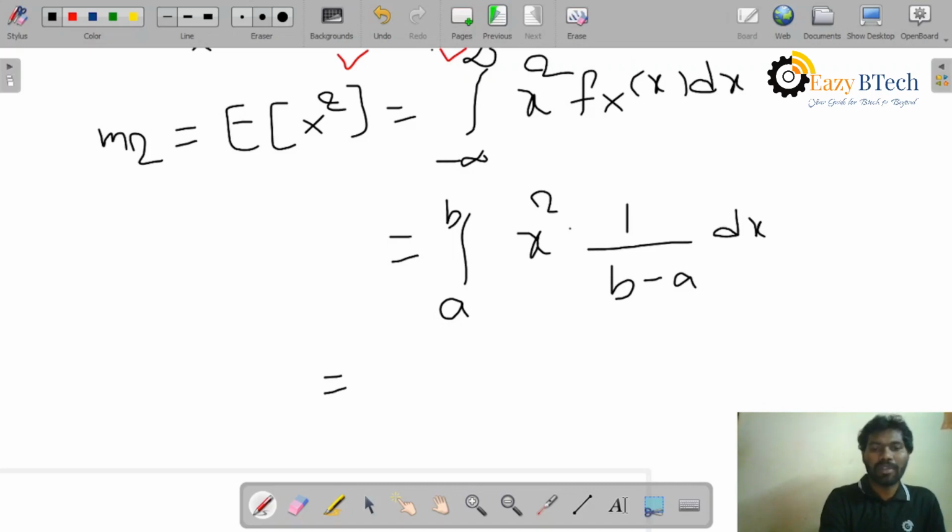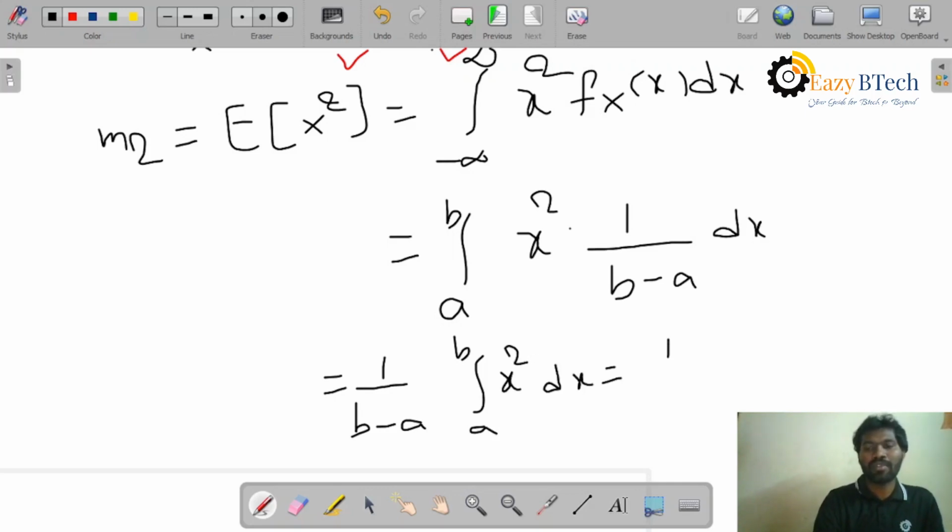Take out the 1 by b minus a to the left side. So a to b x square dx, and the integral of x square is x cubed by 3, ranges from a to b.